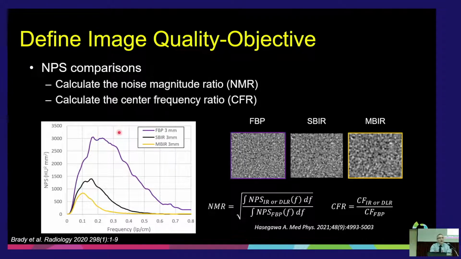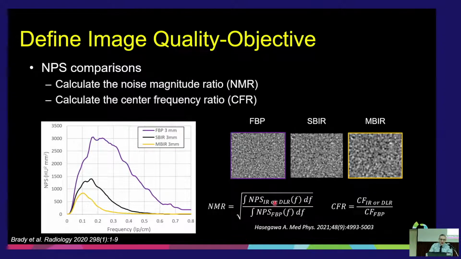There are two different metrics I really like to use when I try to characterize the noise power spectrum when I'm comparing, say, filter back projection, iterative reconstruction, and deep learning. One is called the noise magnitude ratio, NMR. The other one is called the center frequency ratio, CFR. Here are the equations.